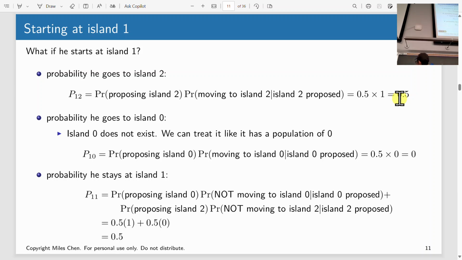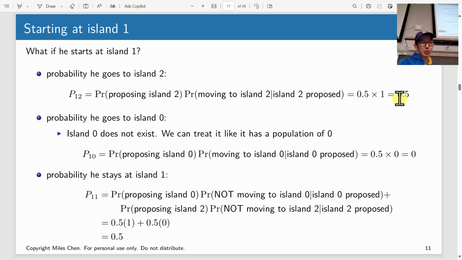There's no island over here. So if I flip the coin and propose this, it seems silly, but we're still going to flip the coin. And if we propose the island over here, we're going to just pretend this is an island with 0 population. Basically, it's outside of the realm. We can't go there.